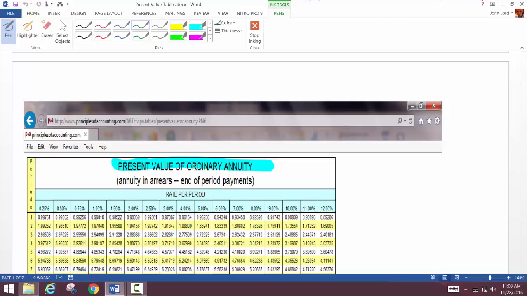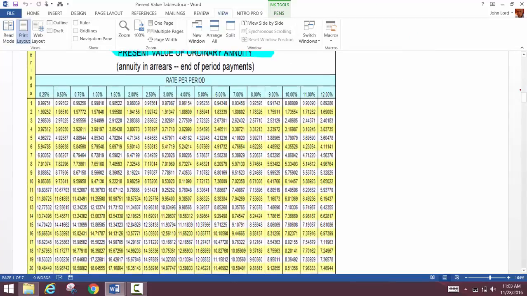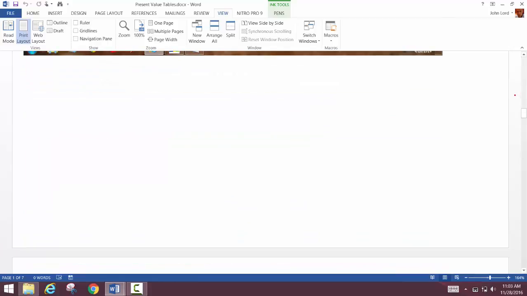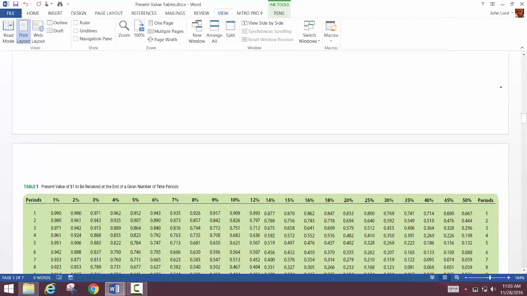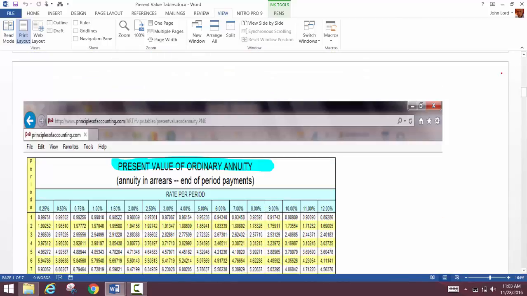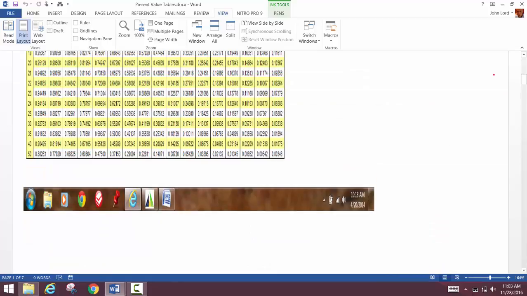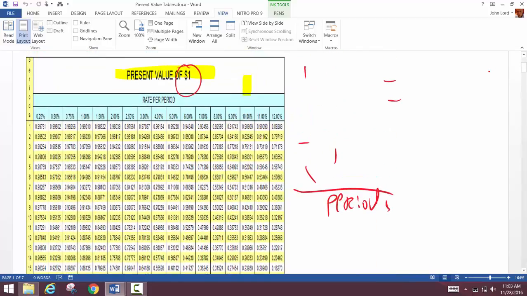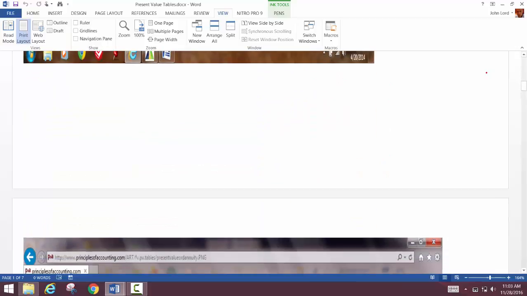Okay. Well, the table was there a minute ago, wasn't it? Oh, it's up here. Is that the annuity table? No, present value of a dollar.